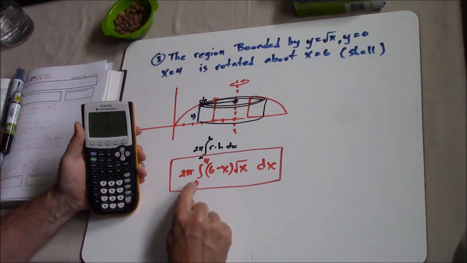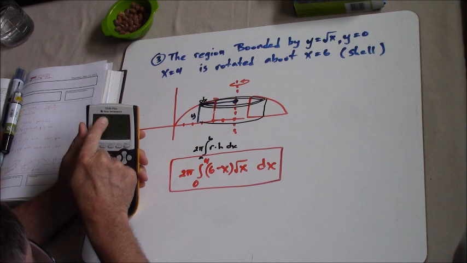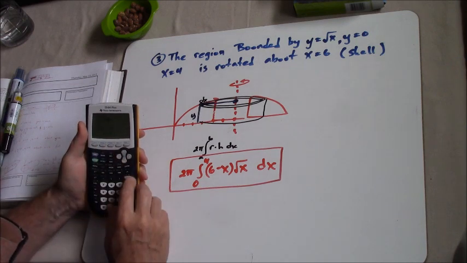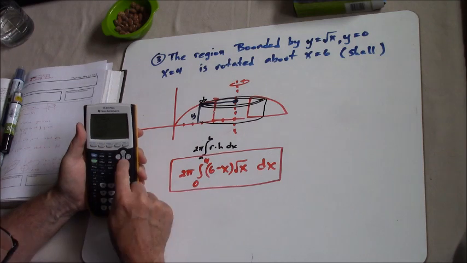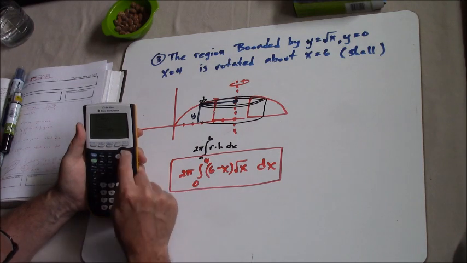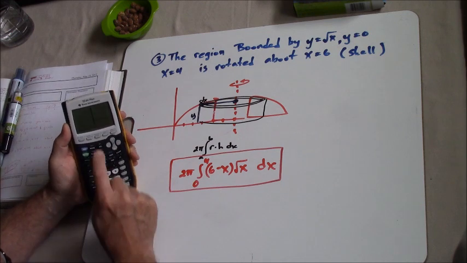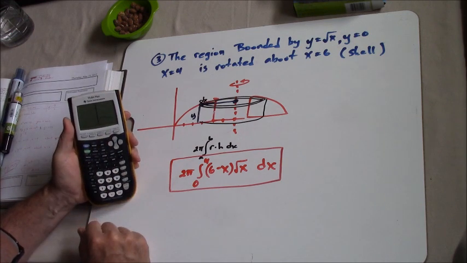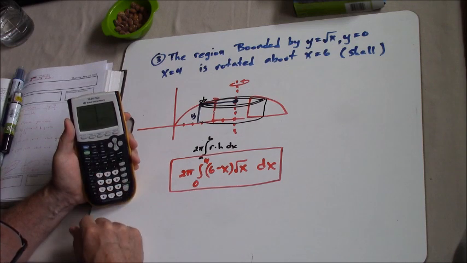And what I want to do is I want to integrate this from 0 to 4. So I can't quite see all of my graph there, so I may need to change the window. I'm going to go on the y-axis from 0 to 100. There we go. Now we can start to see the graph. Okay. So now I'm going to do second calc, option 7.